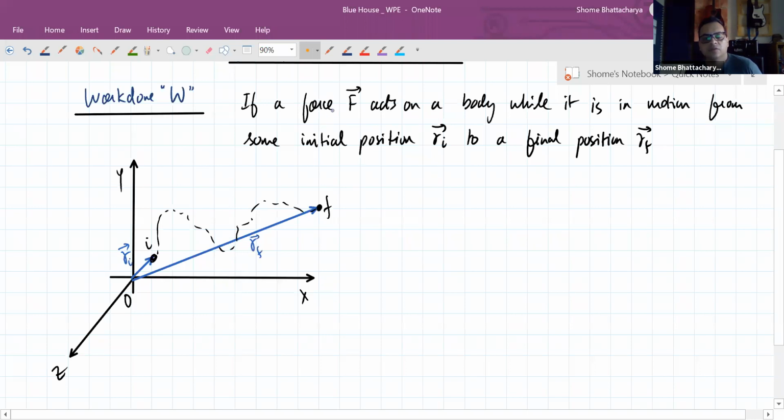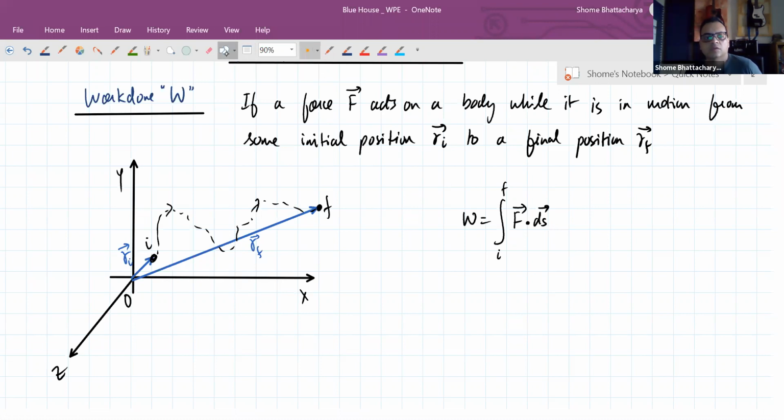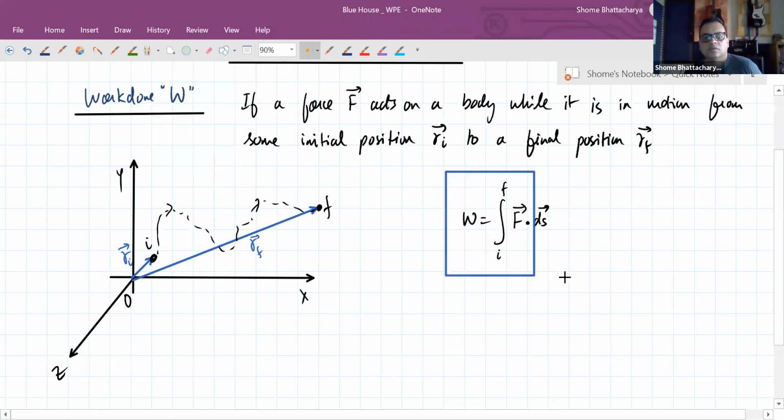If a force F acts on a body while it is making a displacement like this, or while it is in motion from the initial position to a final position via this kind of path, then the work done by that force is defined as the integration of F dot ds from initial position to final position. What is ds over here?